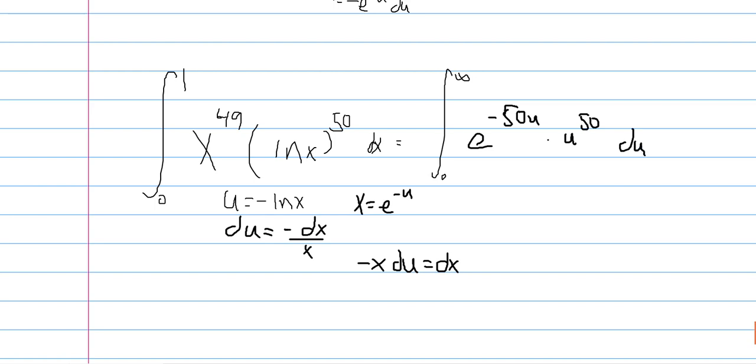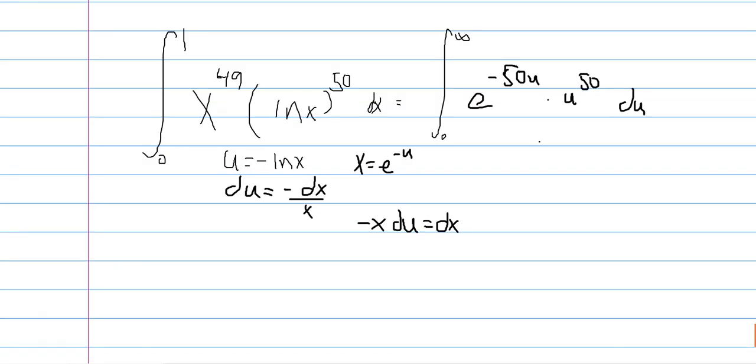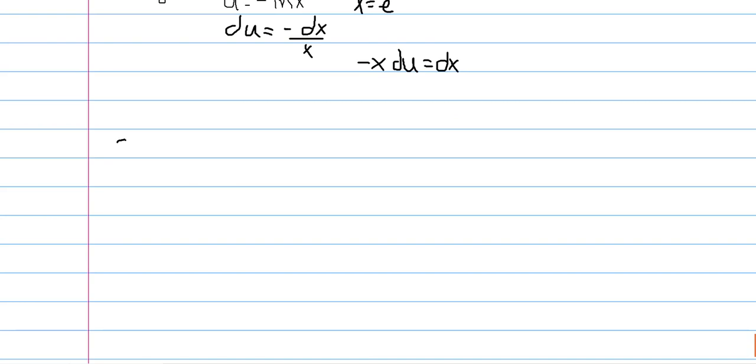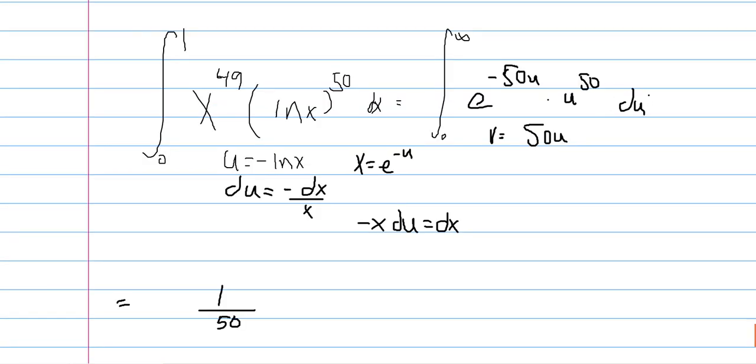And we might be tempted to say, okay, this looks like gamma 50, or 50 factorial, which would be gamma 51, but we have a 50u here. We have to deal with that. And we can just deal with that with a simple substitution of v equals 50u. What we get is 1 over 50, so we have to divide by 50 when we get our dv.